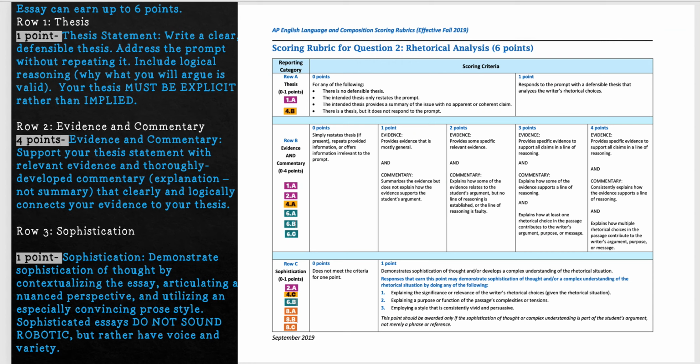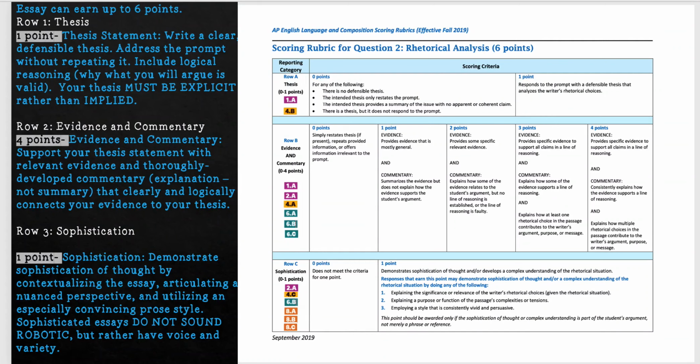So it will give you some sort of prompt to address, but the other directions are usually the same every year, and it's asking you to address the way the writer of the text made rhetorical choices and stylistic choices to convey a message to the reader.